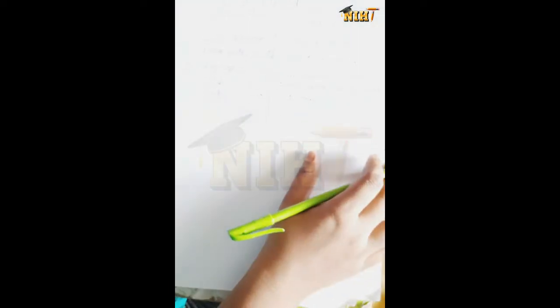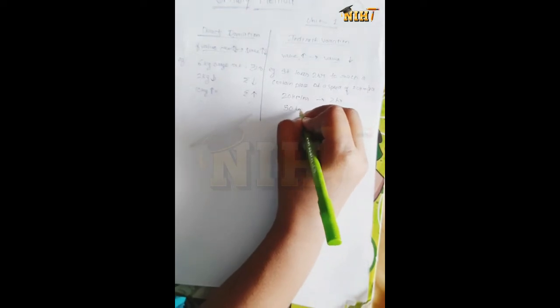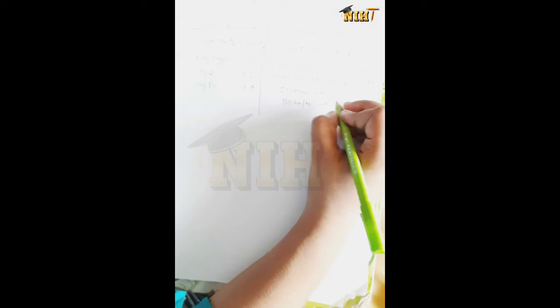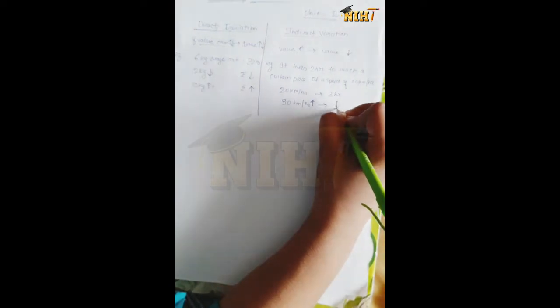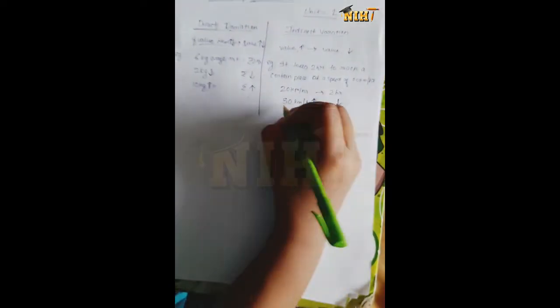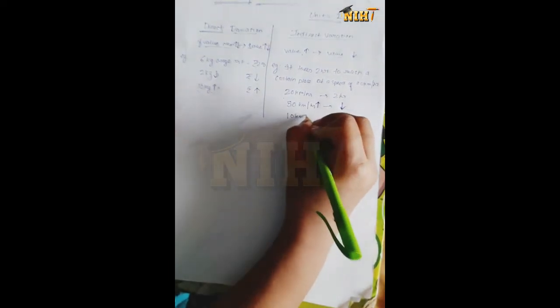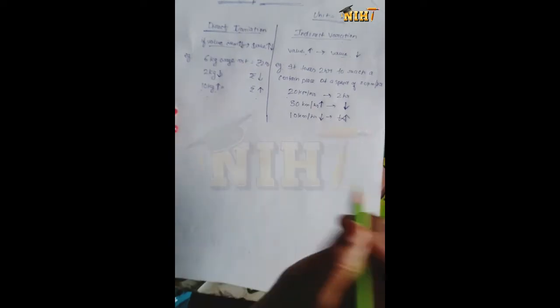So it's natural that if we increase the speed to 50 km per hour, the time will decrease. Here we are increasing the speed, but the time is decreasing. Similarly, if we decrease the speed, naturally our time will increase. So this is indirect variation.